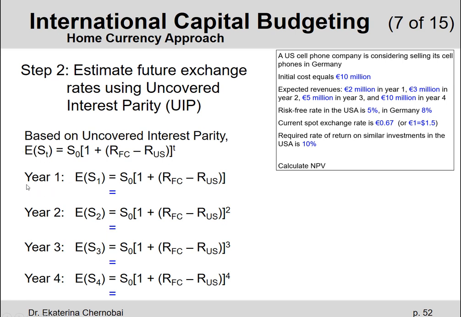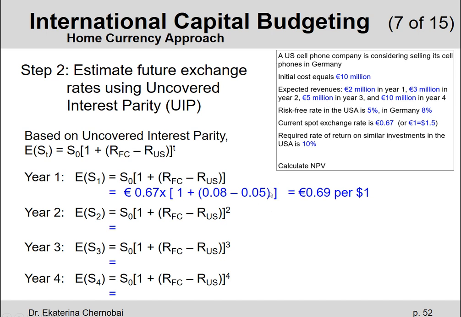spot exchange rate. So next year's expected exchange rate equals today's spot rate, which is 0.67 euros per dollar, multiplied by, open parentheses, 1 plus foreign country's risk-free rate, which is Germany's 8% rate, or 0.08 in decimals, minus the US risk-free rate, or 0.5%, or in decimals, 0.05.